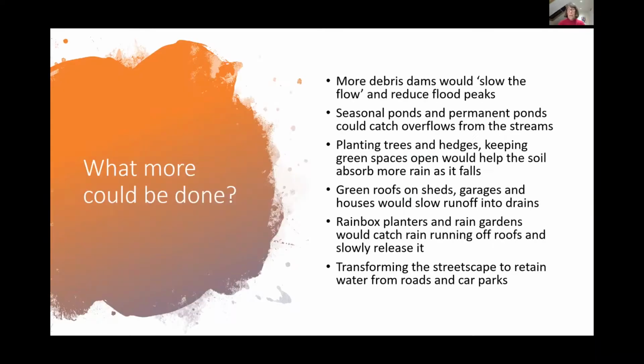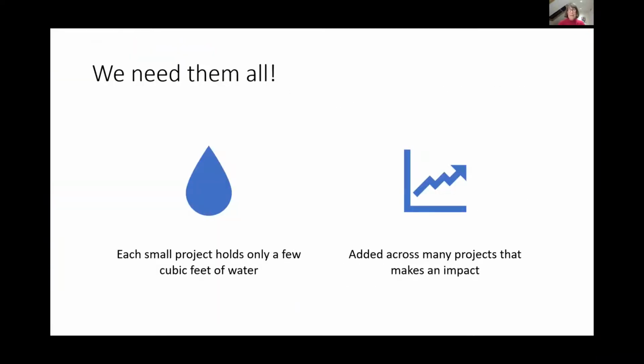And we need them all. Each of those projects is a small part of the solution. They only hold a few cubic feet of water, mostly. On its own, no single project is going to get us there, but added across lots of projects, you can have an impact.